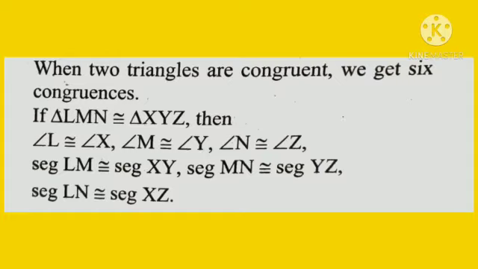If triangle LMN is congruent to triangle XYZ, then angle L is congruent to angle X, angle M is congruent to angle Y, angle N is congruent to angle Z, and segment LM is congruent to segment XY, segment MN congruent to segment YZ and segment LN congruent to segment XZ.